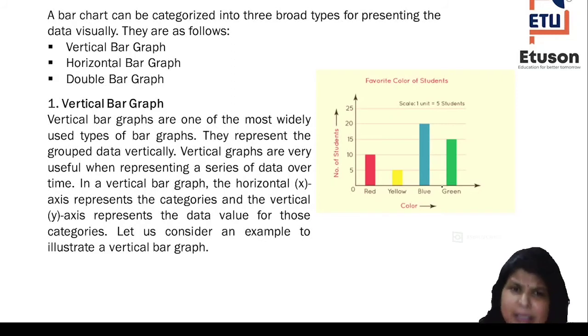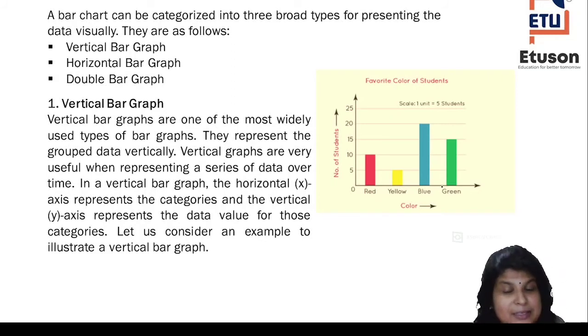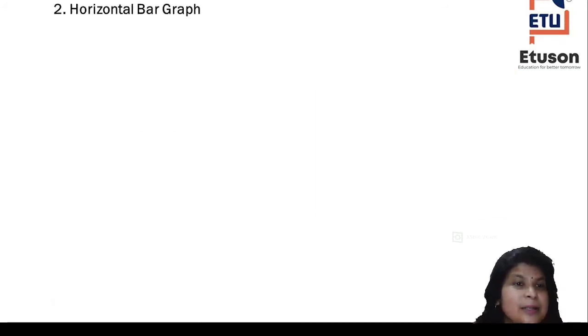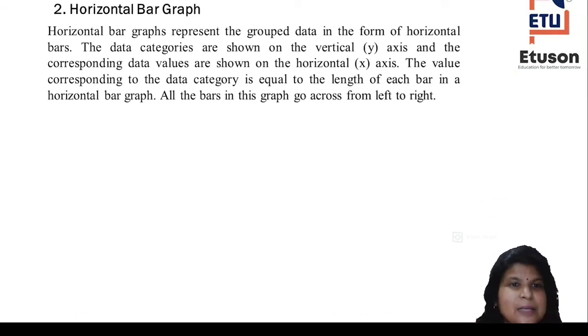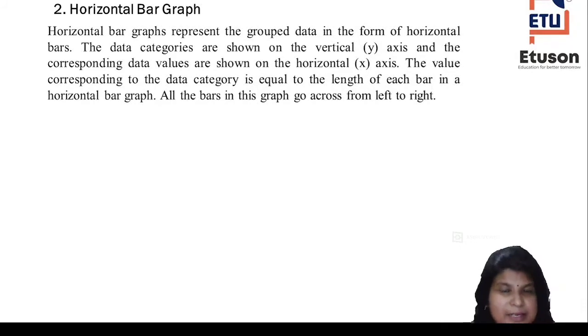Now the same thing, if you represent it horizontally, becomes a horizontal bar graph. Horizontal bar graphs represent the grouped data in the form of horizontal bars. The data categories are shown on the vertical y-axis. So just vice versa. That means the x-axis becomes the y-axis and the y-axis becomes the x-axis.